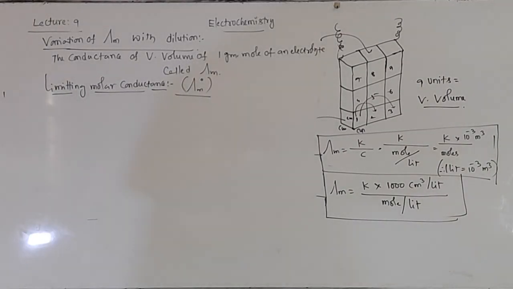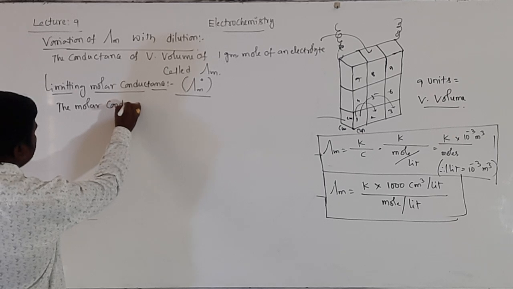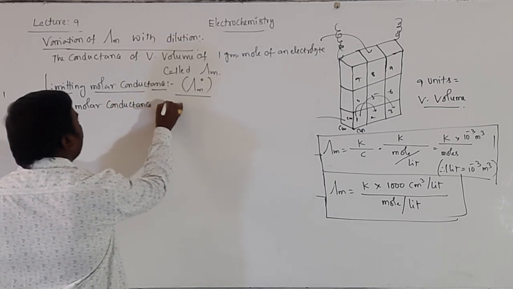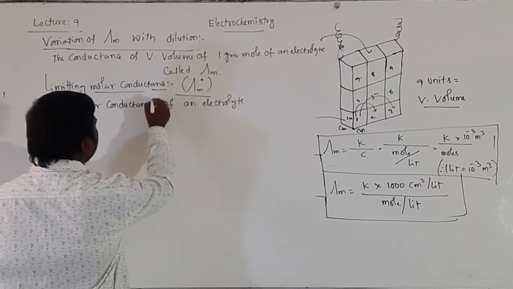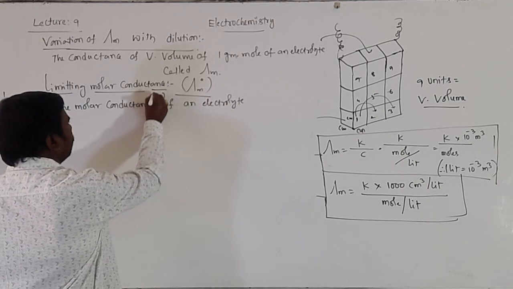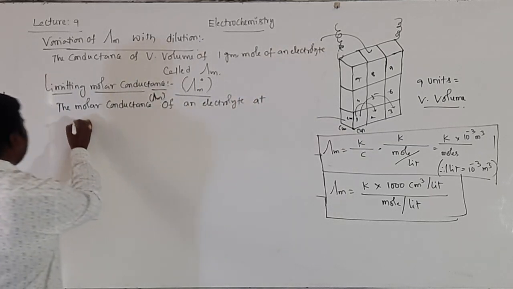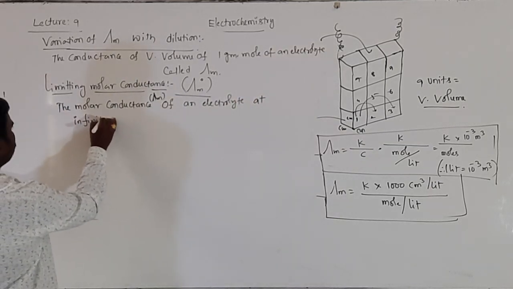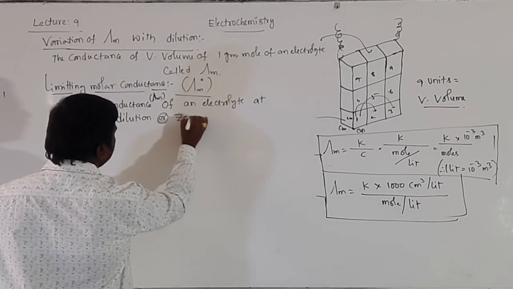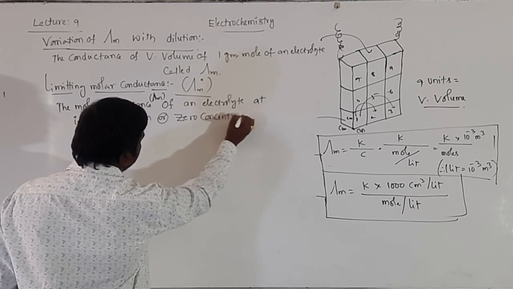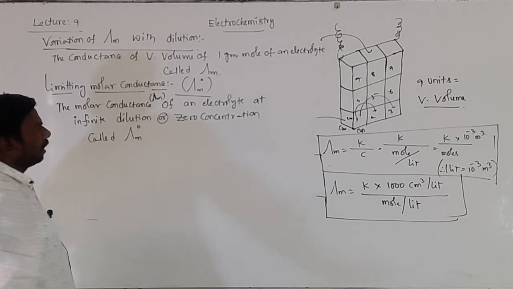The molar conductance of an electrolyte, indicated by lambda m, at infinite dilution or 0 concentration, is called limiting molar conductance, lambda m naught.